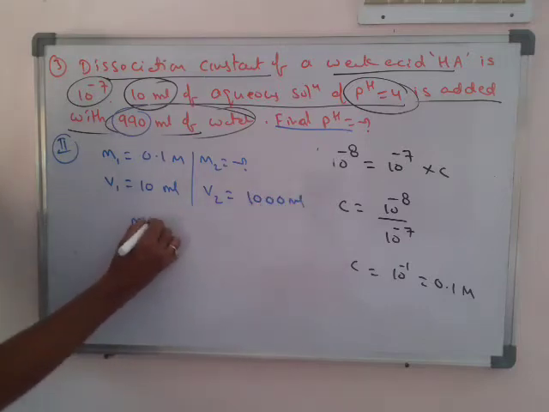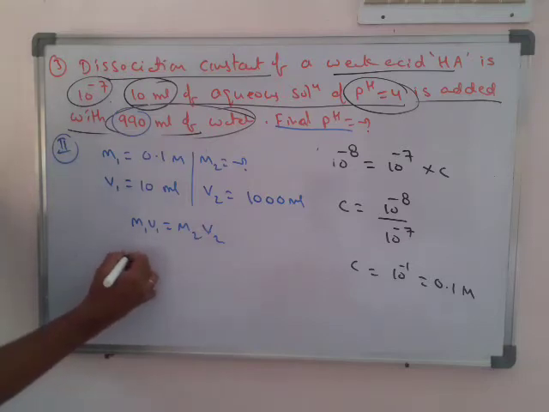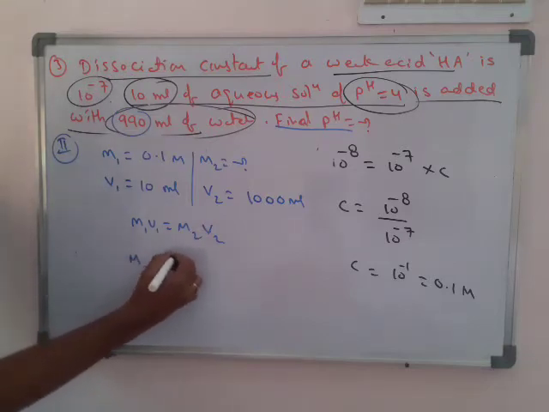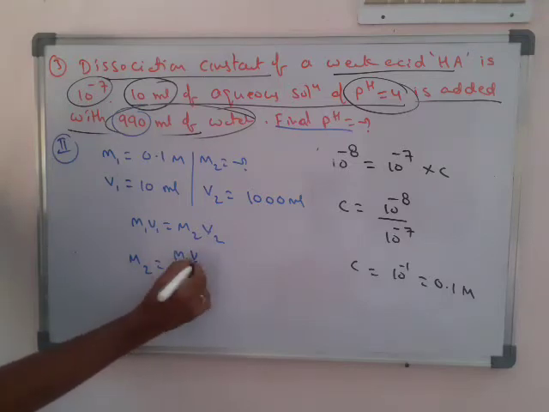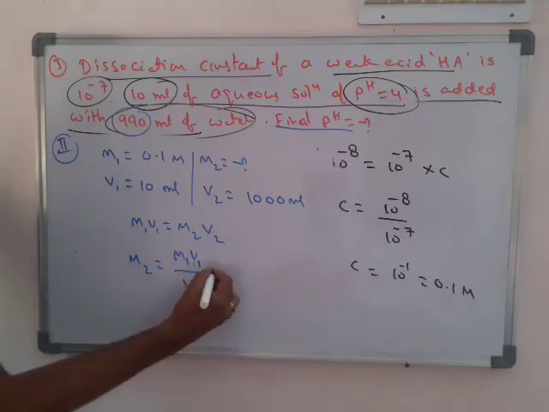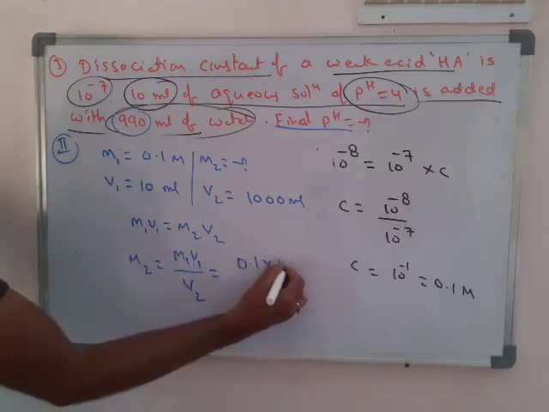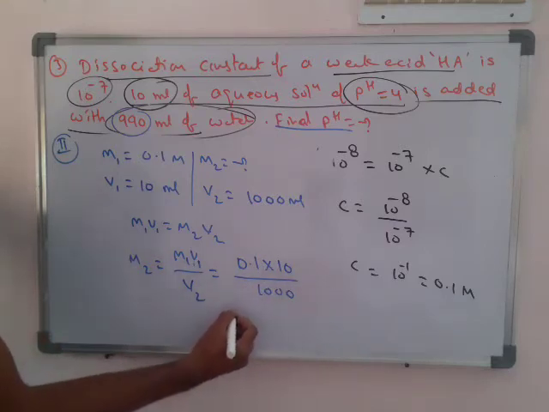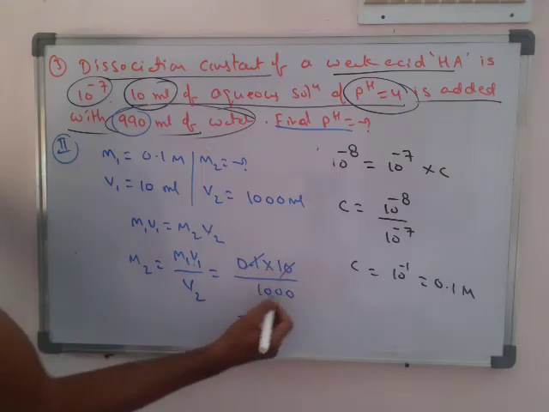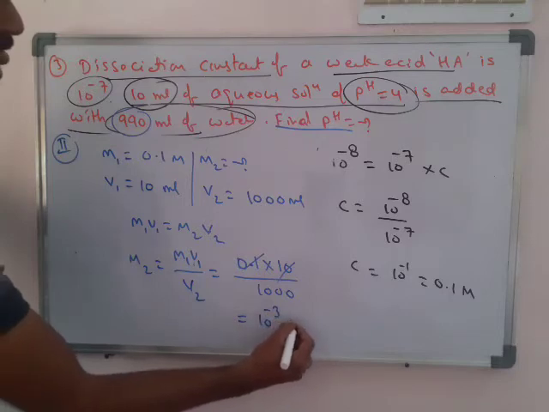We know the relation M1V1 equal to M2V2, so 0.1 into 10 divided by 1000 becomes 10 power minus 3 M.